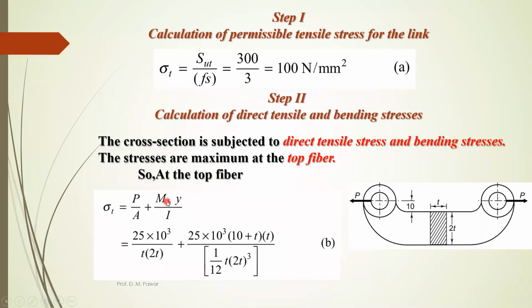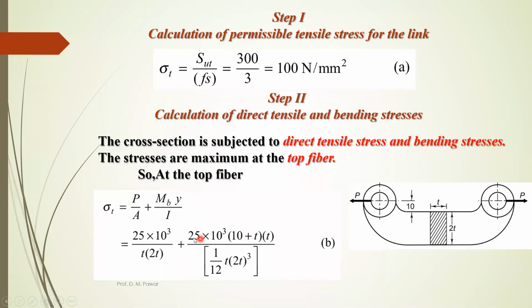How to calculate M_b? Bending moment is the eccentric force P multiplied by the total distance, 10 plus up to half of the 2t, so 10 plus t.